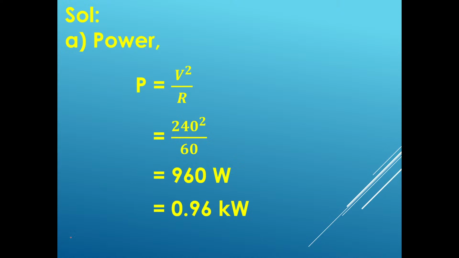Now, the power consumed. They have asked us, there are three options A, B, C. Electrical power produced in the heating element means how much electrical power has been consumed here. That we are calculating. The power formula is P equal to V square by R. How much voltage did they mention in the question?